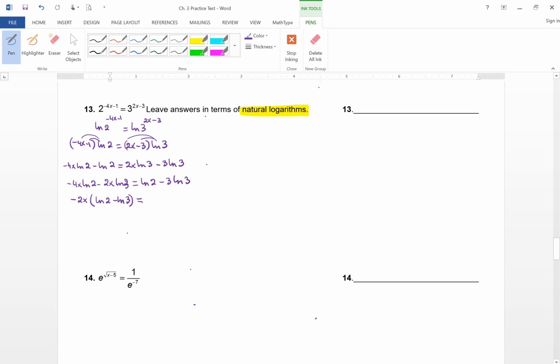Isn't it 2 ln 2? Oh yes, so 2 ln of 2 minus ln of 3 equals ln of 2 minus 3 ln of 3. Negative 2x equals ln of 2 minus 3 ln of 3 over 2 ln of 2 minus ln of 3.